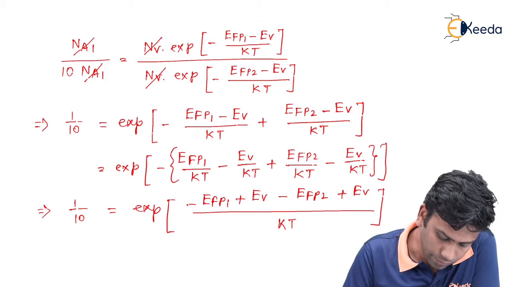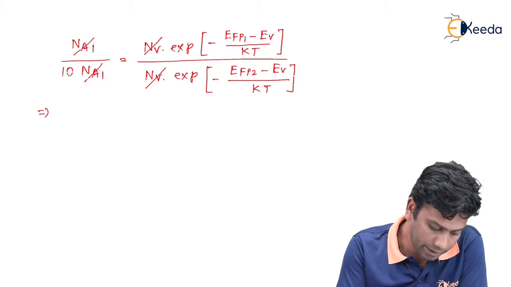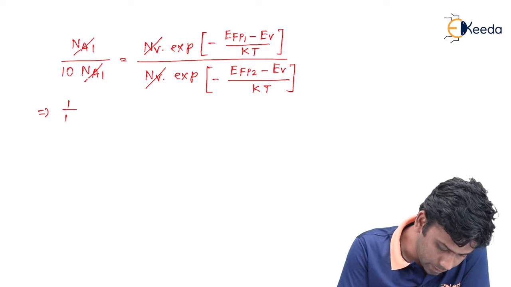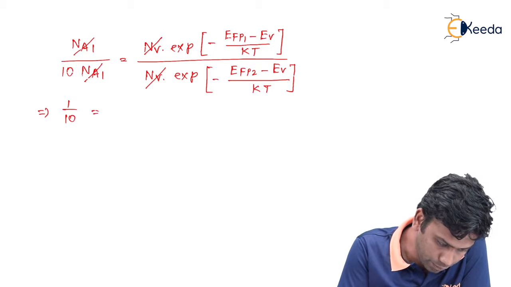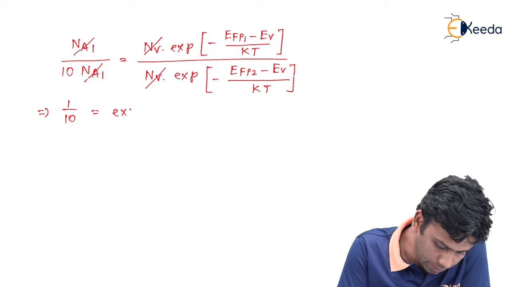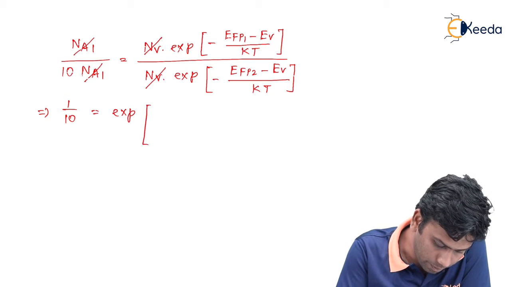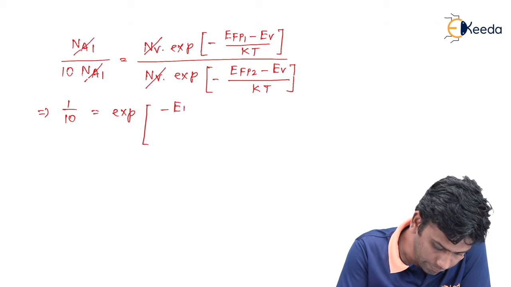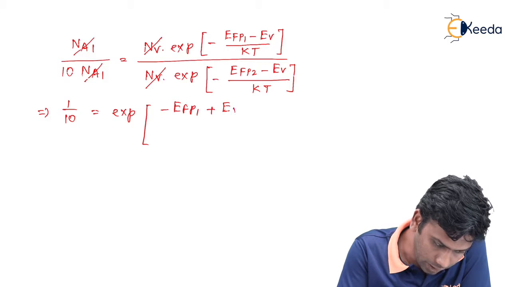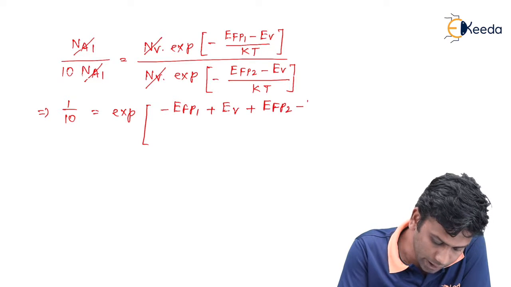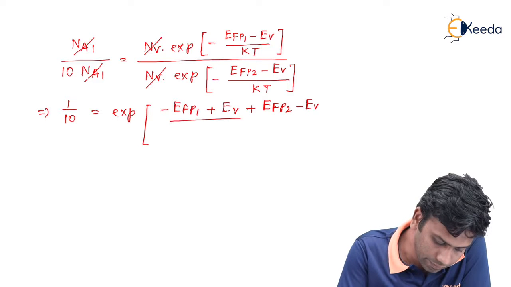So, from this equation we get 1 by 10 is equal to exponential minus EFP1 plus Ev plus EFP2 minus Ev divided by kT.